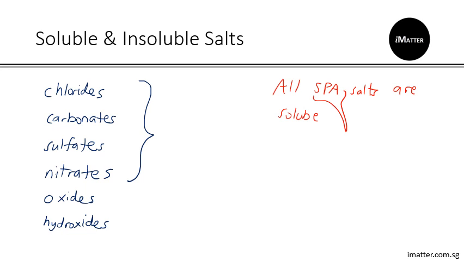So SPA is an acronym for sodium, potassium, and yes, you get it, ammonium. Alright, so these three kinds of salts are soluble in water. Now let's move on to the actual preparation of salts.